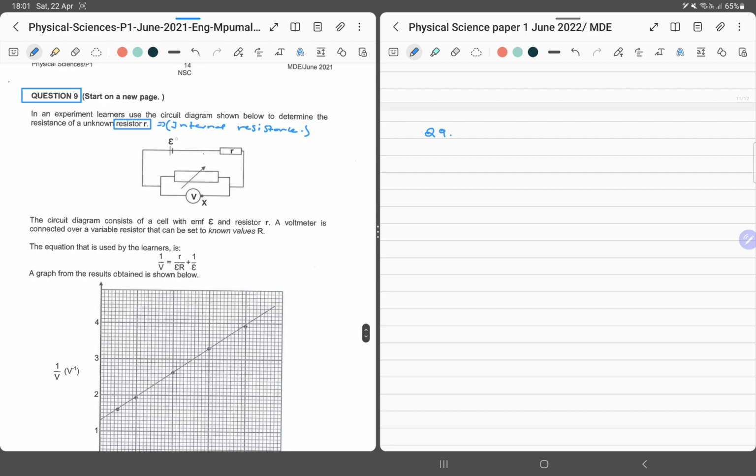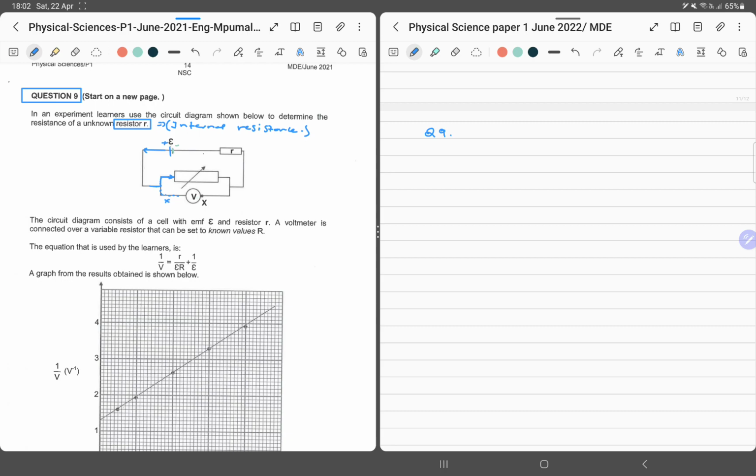Okay, there's the circuit. We can see the battery. We know that would be the positive terminal and that would be the negative terminal. So the conventional current moves from the positive all across the circuit. And then of course we know that this one goes like this, because no current passes through here.